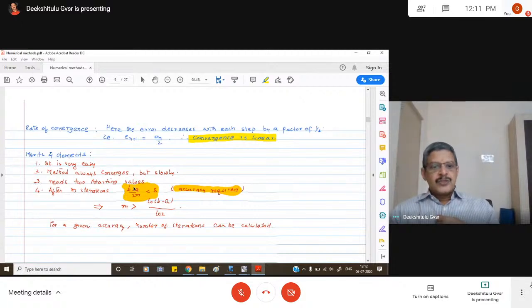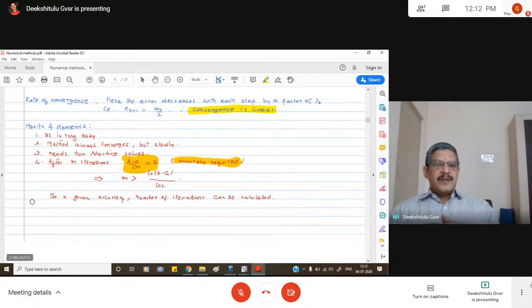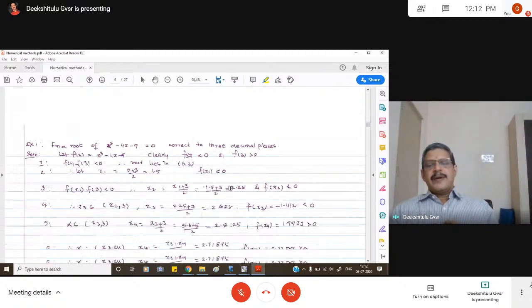If you take logarithms on both sides, m is greater than ln of (b minus a) by ln 2. That gives the minimum number of iterations that you require. That is a very important aspect of bisection method. For a given accuracy, the number of iterations can be calculated. So that's about bisection method.